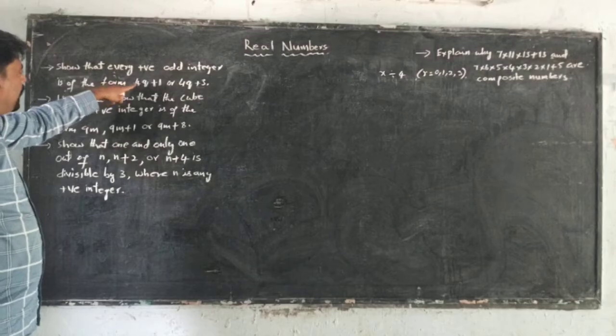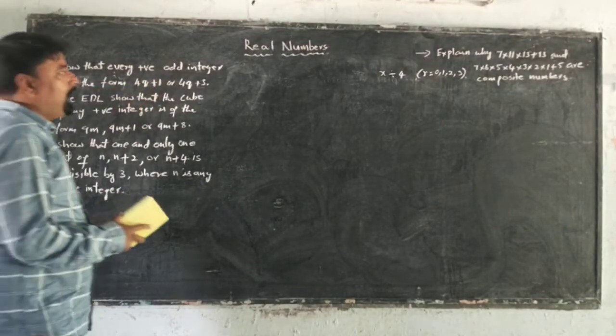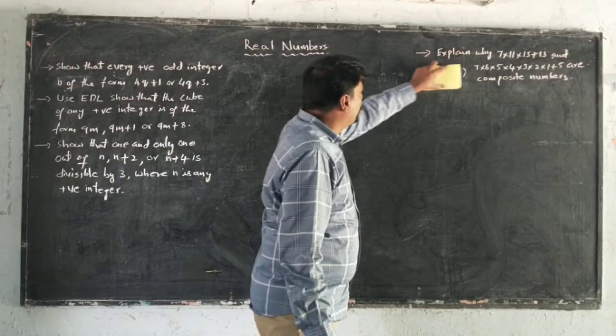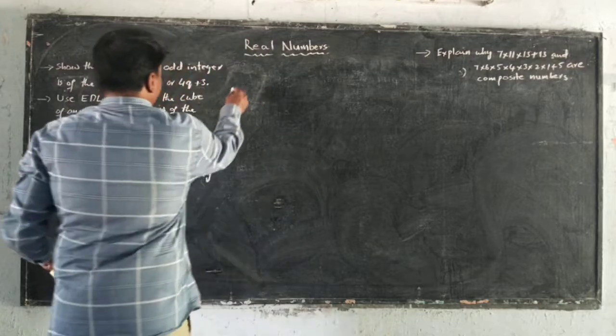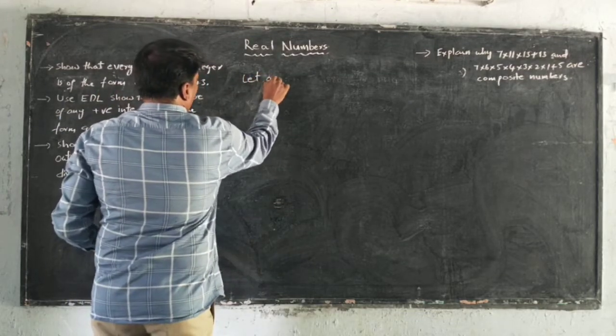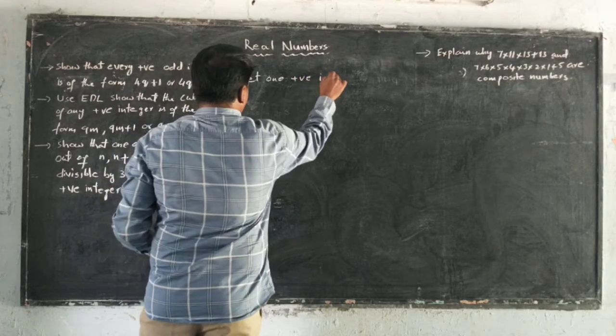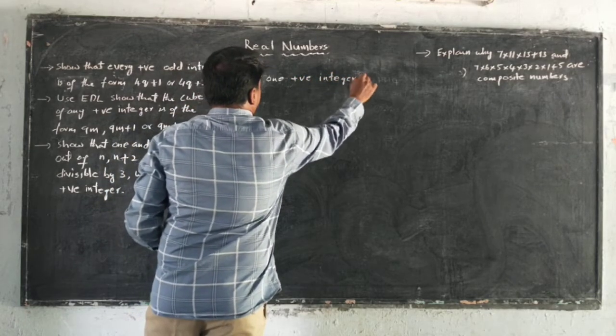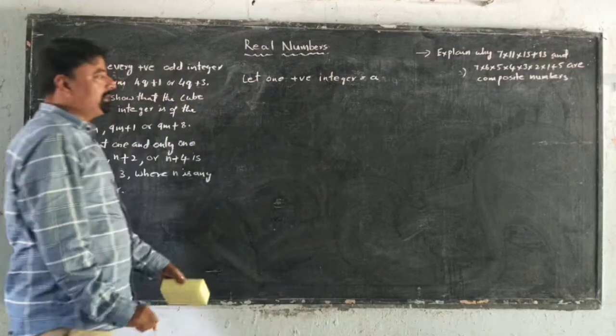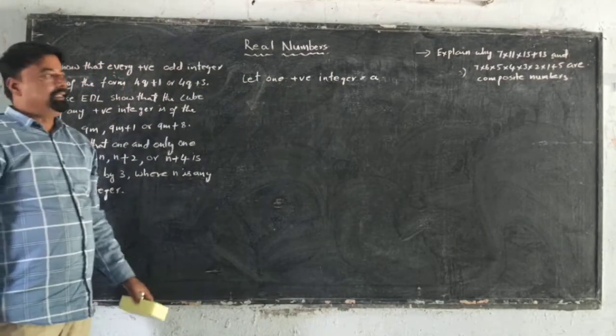Let us see how I start proving 4q + 1. Let a be a positive integer.